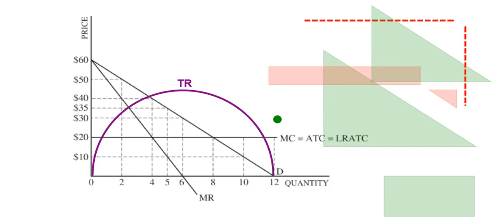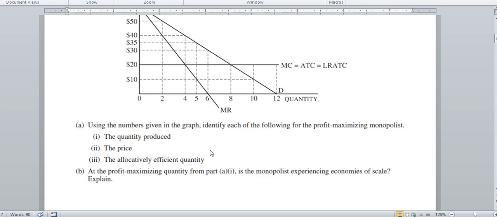So now the first thing we want to do here is just figure out, in order for this firm to maximize its profits, what does it want to produce at what price, and what would the allocatively efficient quantity be? In other words, where would they have to produce to have zero deadweight loss?